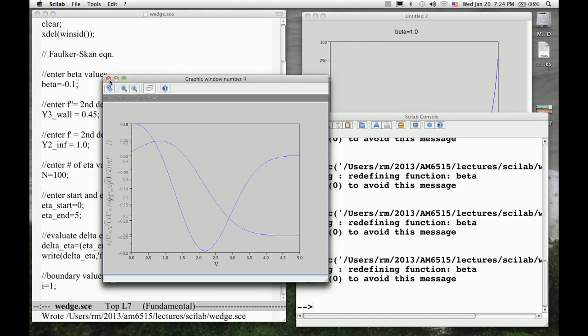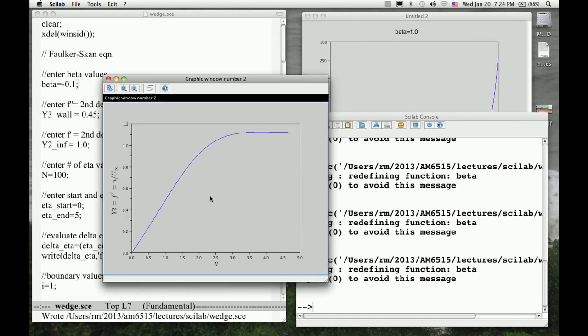Well, we seem to get something, okay. Wow, that's interesting, right? So if I do a minus 0.1, I actually get, well, it's not much difference from the beta is equal to 0 case. So it seems like it may not be very sensitive, or is that so? I'm not sure.